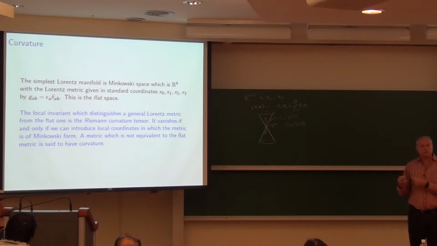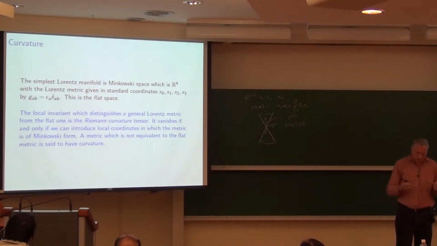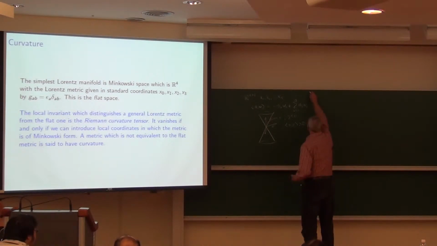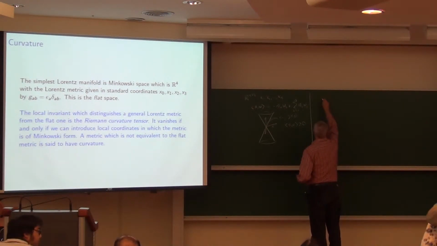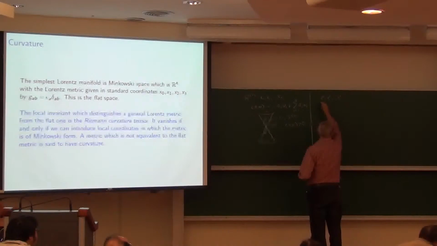And actually that problem was solved around 1850 by Riemann. He constructed the local invariant which distinguishes a general Lorentz metric from the flat one. So he asked the question: given a general metric, if I take the general Lorentz metric and I choose coordinates, say x^0 through x^n, then the metric is defined by a matrix of functions.